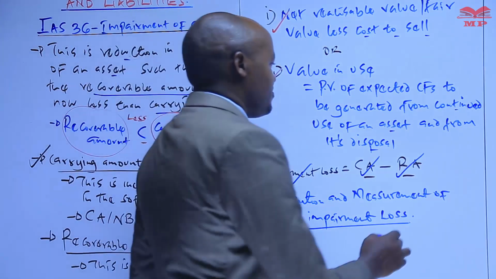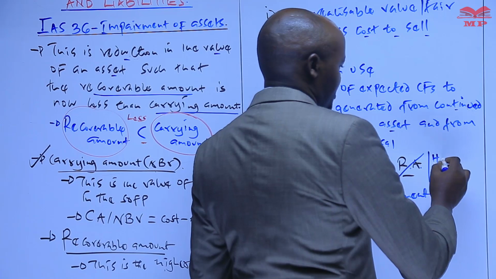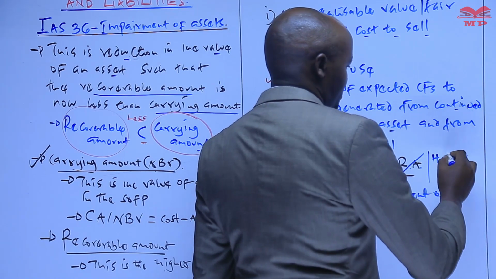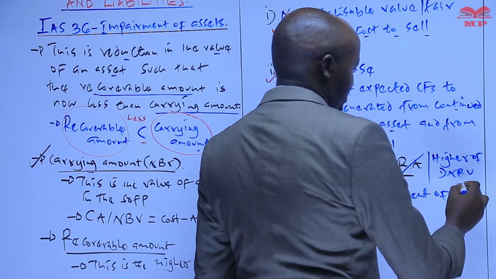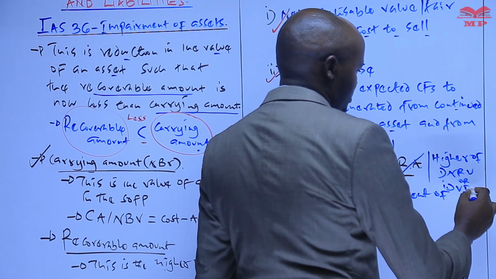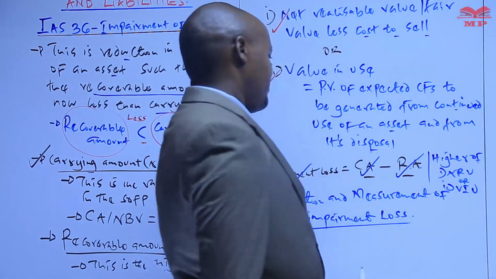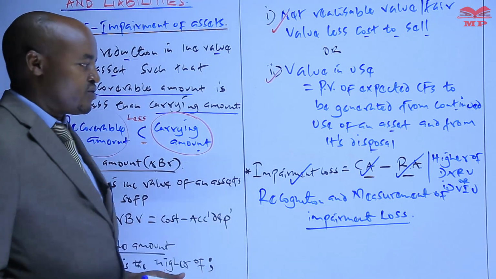But equally, you have to remember here that when we talk about the recoverable amount of an asset, this is always taken to be the higher of two values: number one, the net realizable value, or number two, the value in use. The difference between carrying amount and the recoverable amount is the impairment loss.